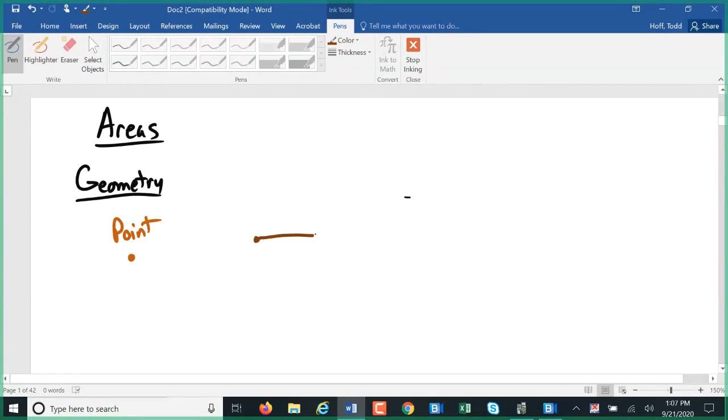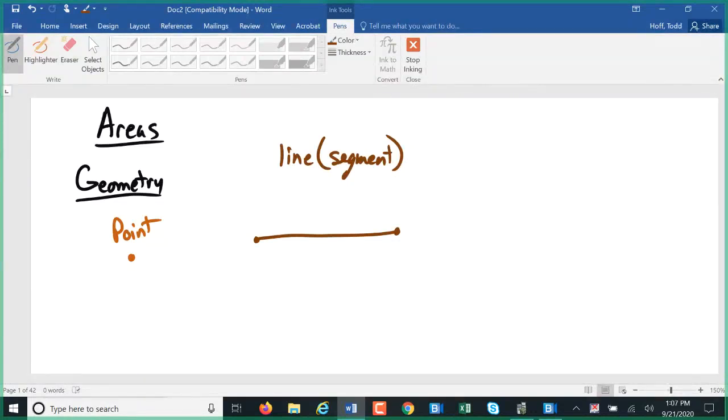I take that point and I move it in a single direction. I have created a line. Technically, it's a line segment. In practice, we often refer to that as a line, but mathematically speaking, technically a line goes on forever in both directions. So mathematically, that's a line segment. It's a piece of a line.